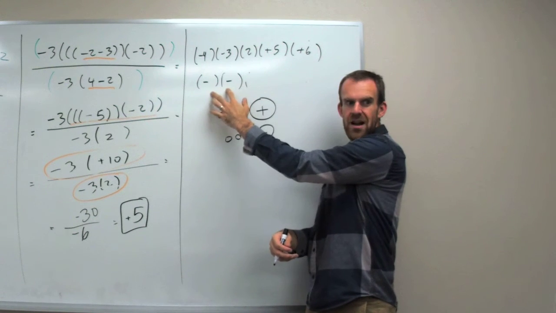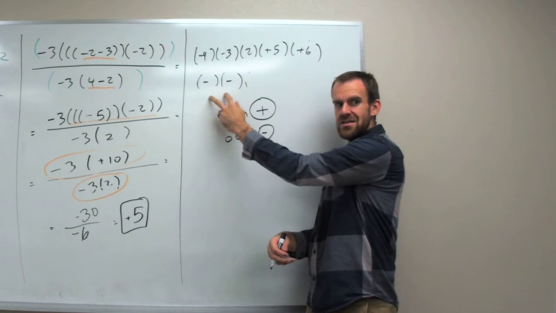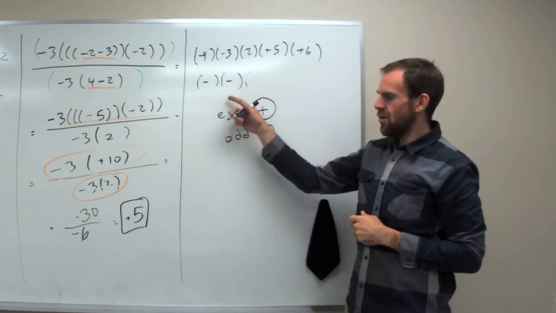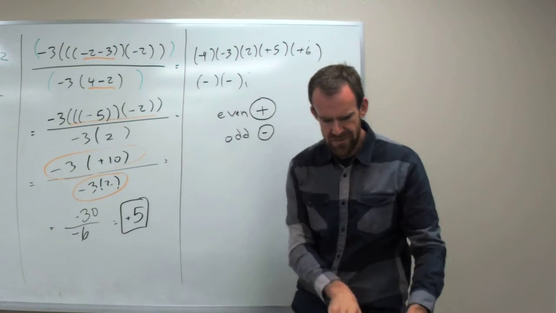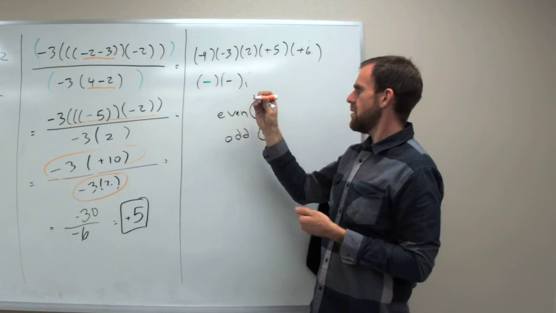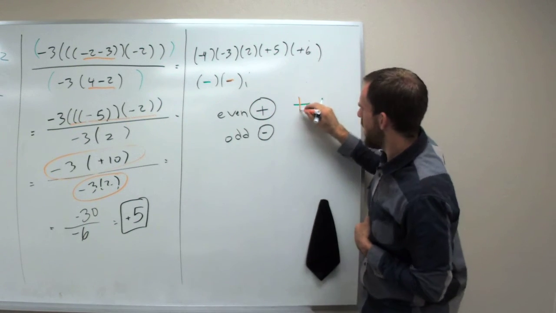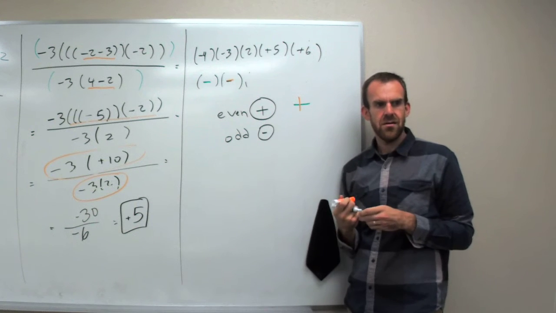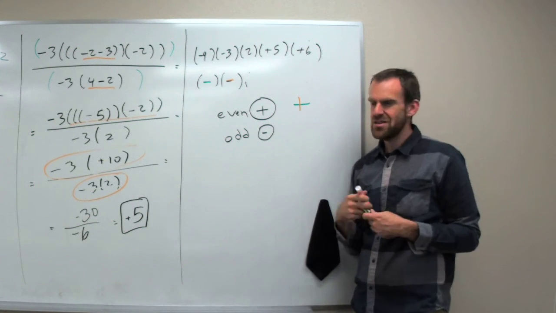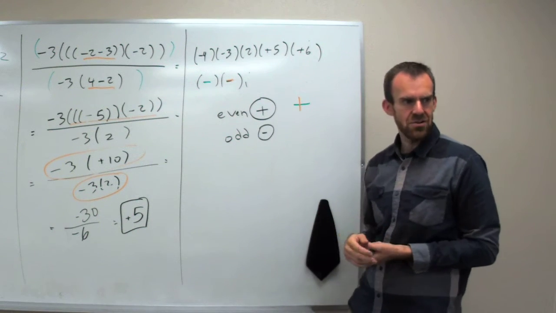You count the number of minus signs. If you have an even number, it's positive. If you have an odd number, it's negative. A way that I like to think about it is if you have a minus and a minus there, minus becomes a plus. So you can just count how many minus signs you have and see what you get.